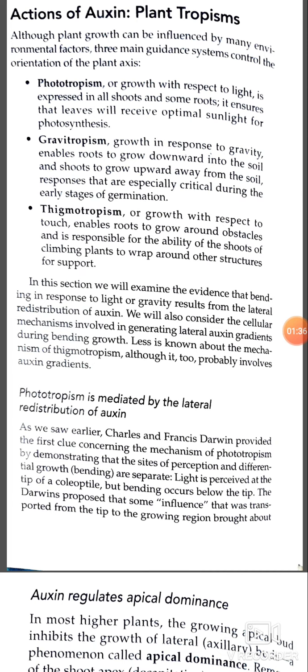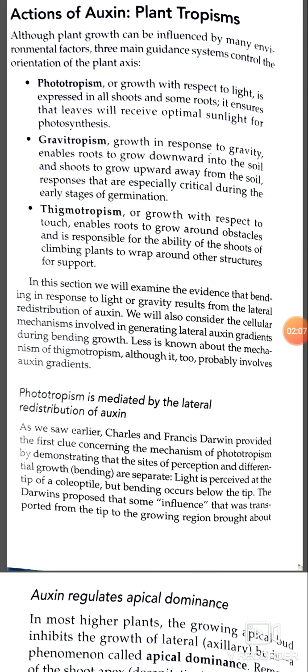Next is gravitropism, which means growth in response to gravity. It enables roots to grow downward into the soil and shoots to grow upward away from the soil, responses that are especially critical during the early stages of germination.